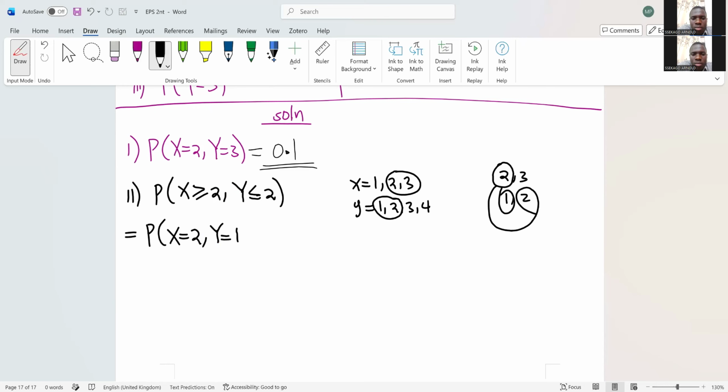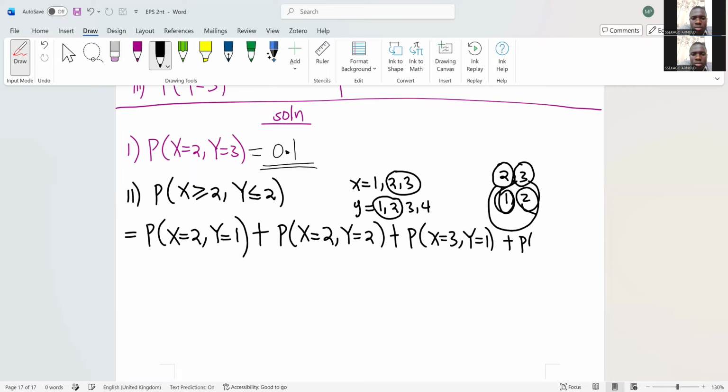You do the same thing for x equals 3: x is 3, y is 1, plus x is 3, y is 2.